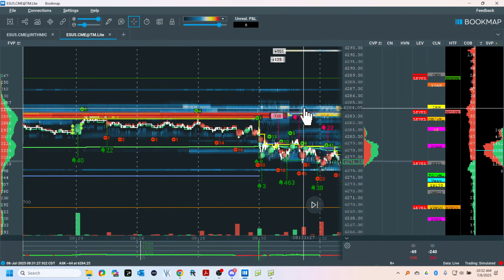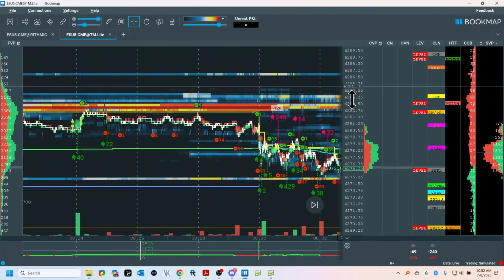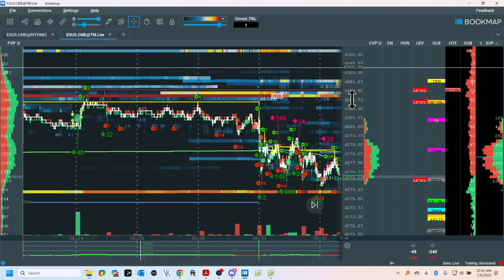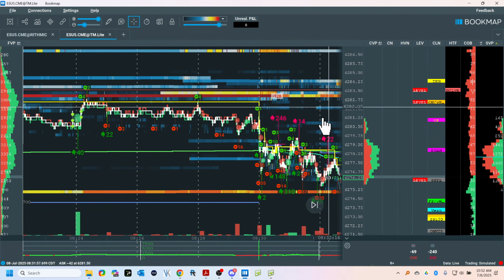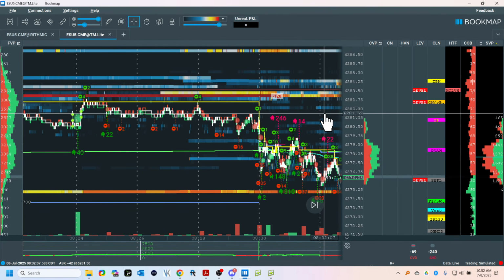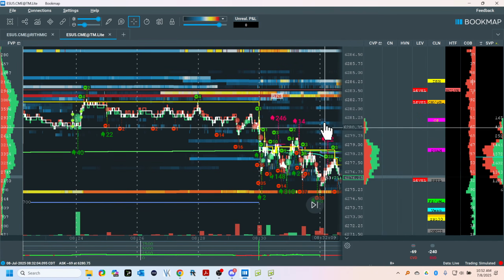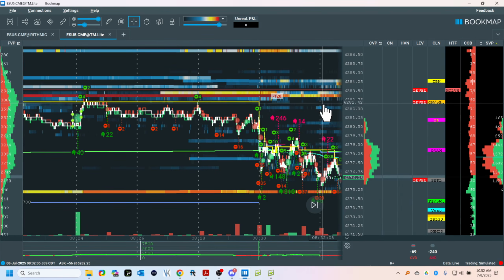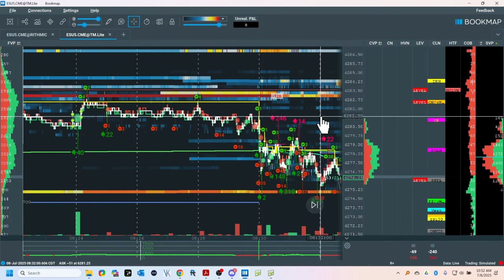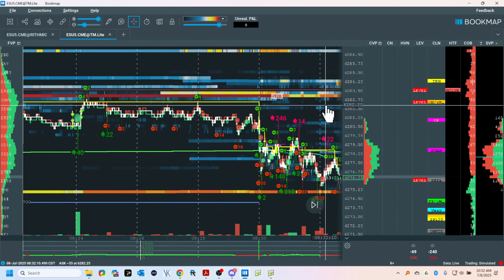Now let's talk about passive orders very quickly. Think of it like when it's dark here and there's very little liquidity, it's like asphalt. There's no or very little resistance to movement. That's why in thin markets like NQ, where there's very little limit orders in the book, it can rip through them.